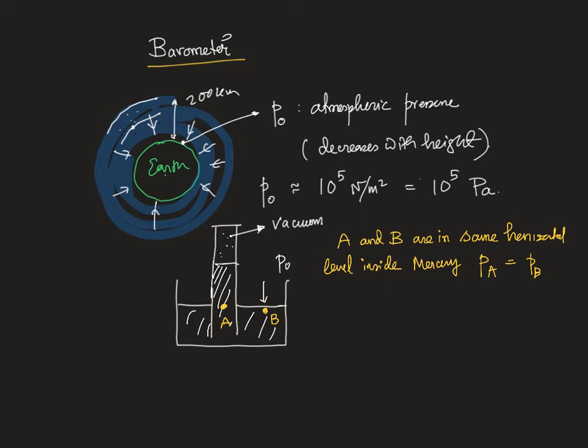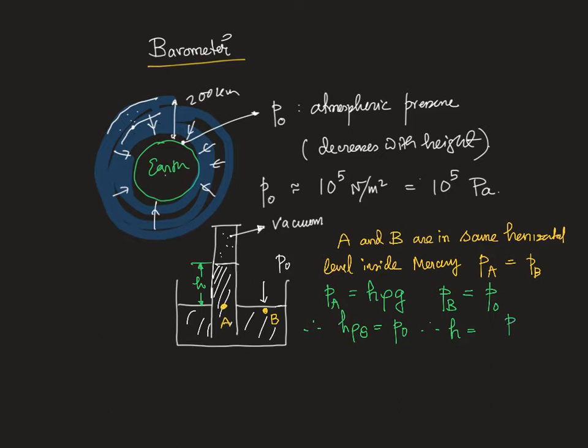Now mercury rises up to a level H above the free surface. So PA is pressure due to the weight of the mercury column. So that is H rho G. Now pressure at B is equal to atmospheric pressure P naught. Therefore, after equating you get H rho G is equal to P naught. Now we can substitute the values.